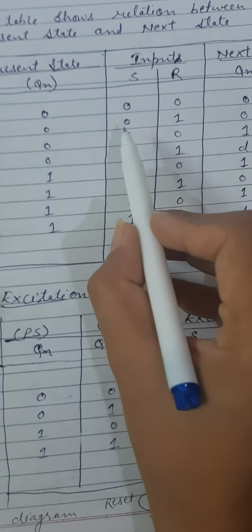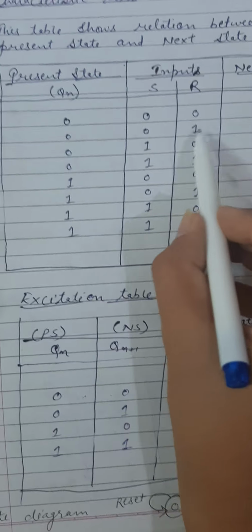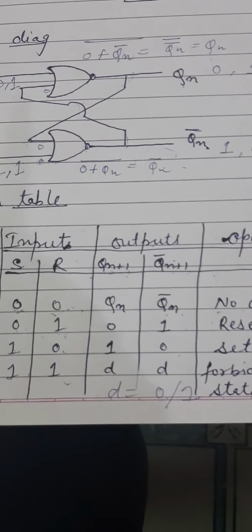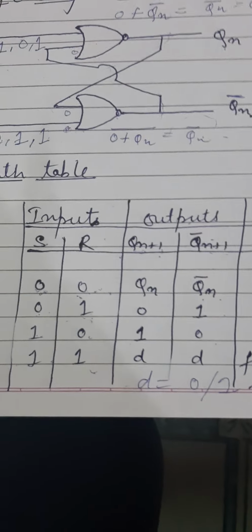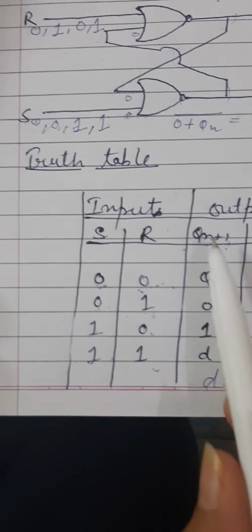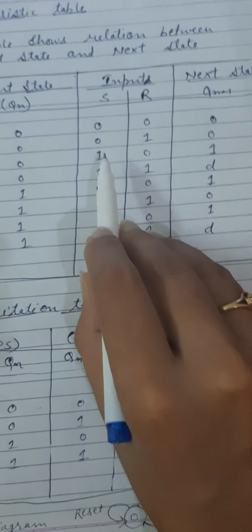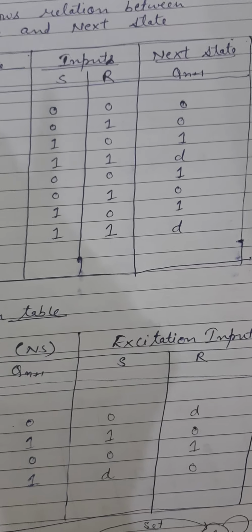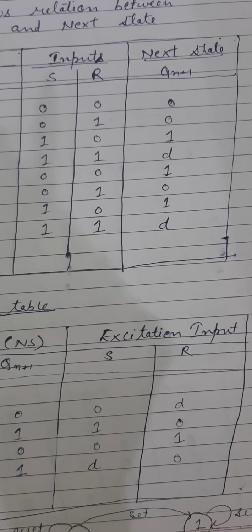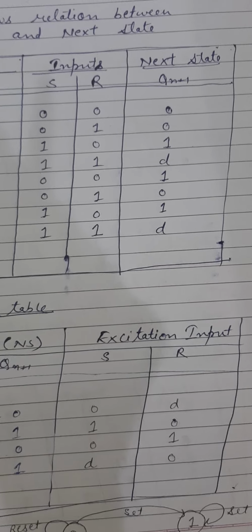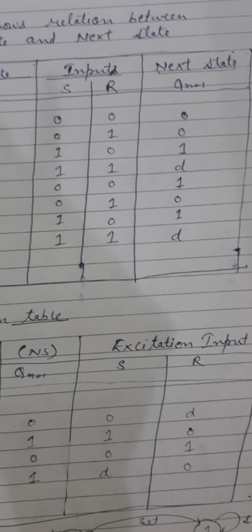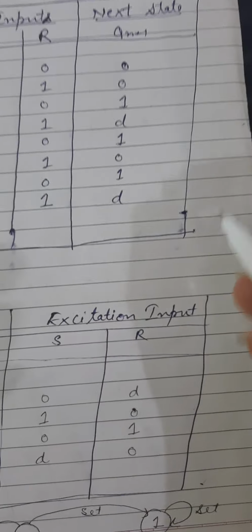Okay, and when the value of SR is 0 1, we see in the truth table that Qn plus 1 is equal to 0. Then we will write in the characteristic table, when SR is equal to 0 1, the next state is 0. We are not taking the column Qn plus 1 complement, because it is understood that all those bits will be complements of these bits.